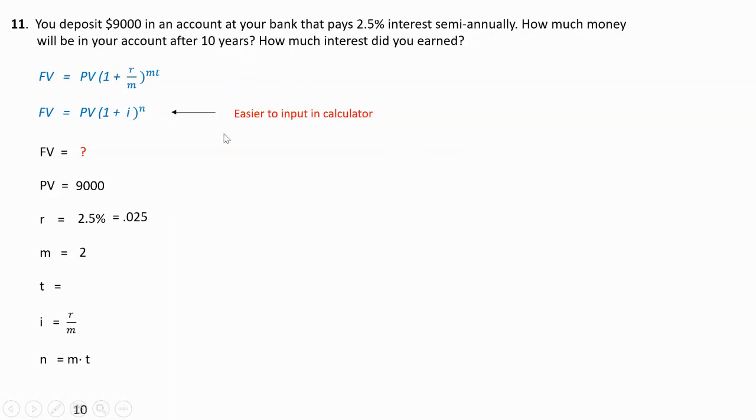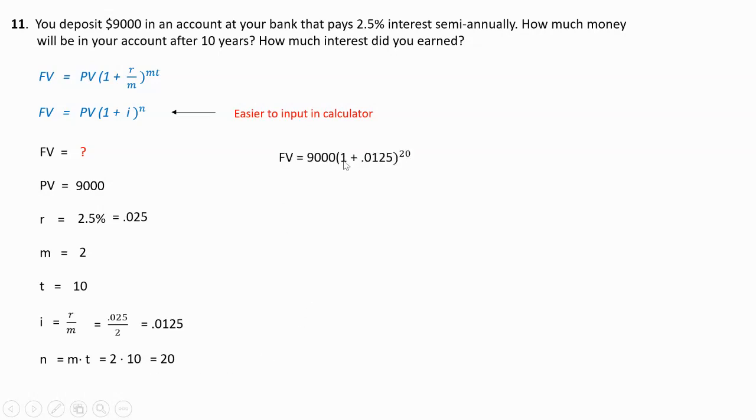The time is 10 years. Now, what's the I? The I is R, which is 0.025 divided by 2, which gives us 0.0125. And the N is equal to M times T, which is 2 times 10, which gives us 20. So let's plug into the calculator.